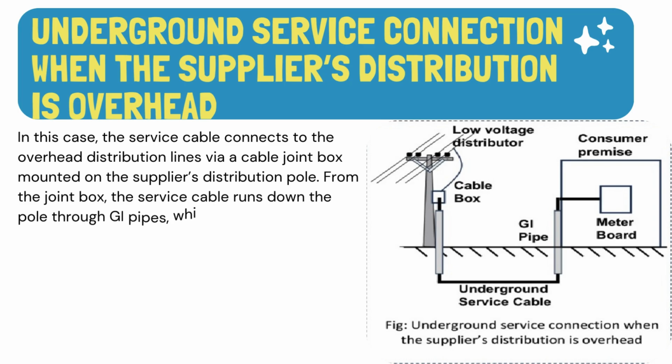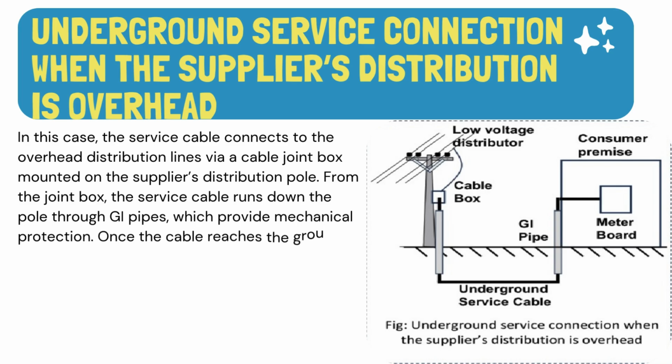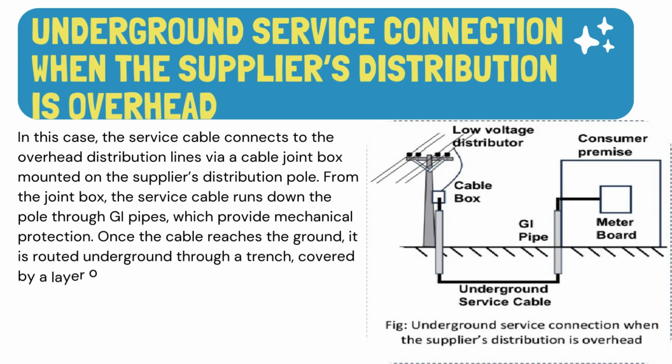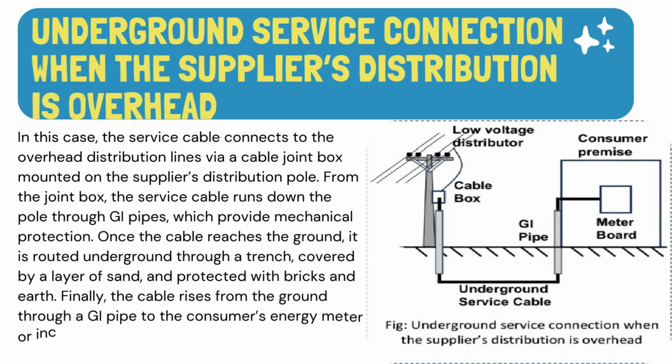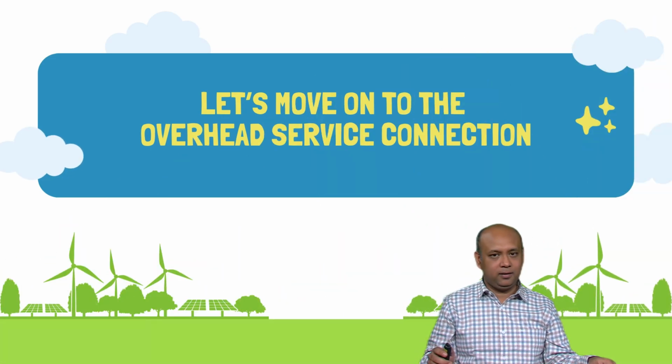From the joint box, the service cable runs down the pole through GI pipes, which provide mechanical protection. Once the cable reaches the ground, it is routed underground through a trench covered by a layer of sand and protected with bricks and earth. Finally, the cable rises from the ground through a GI pipe to the consumer's energy meter or incoming panel.